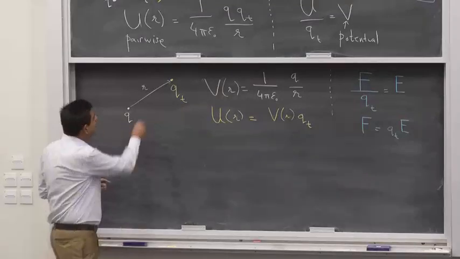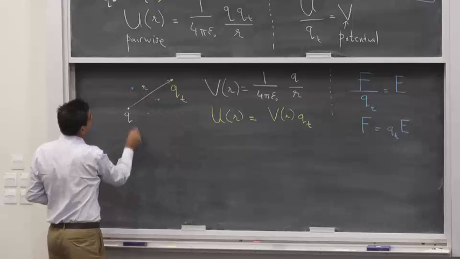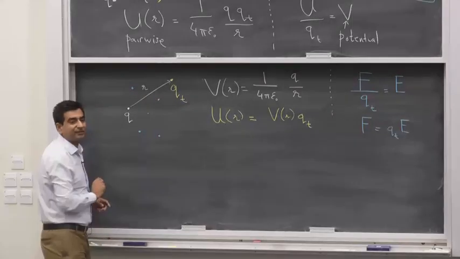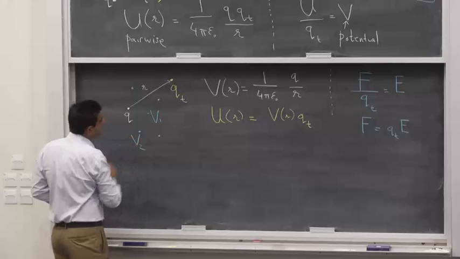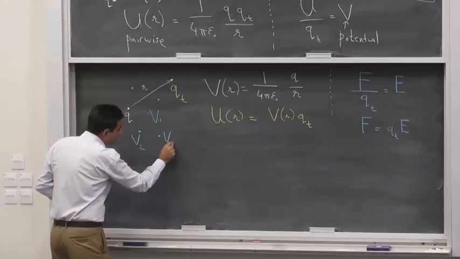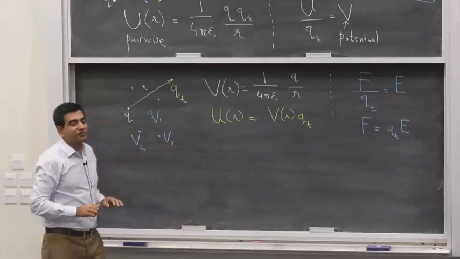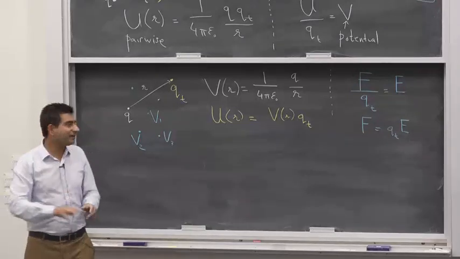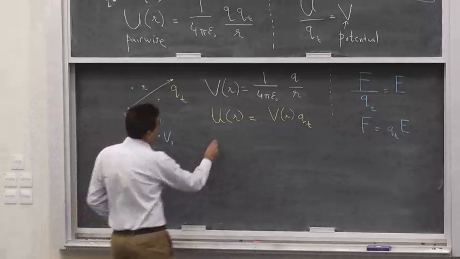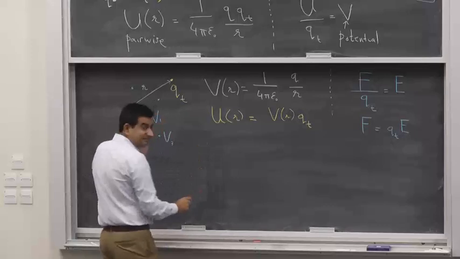So now different points inside space will have different potentials. This point will have some potential, this point will have another potential, and this point is going to have another potential. So we will have a distribution of potential. Now the electric field is a vector field, right?